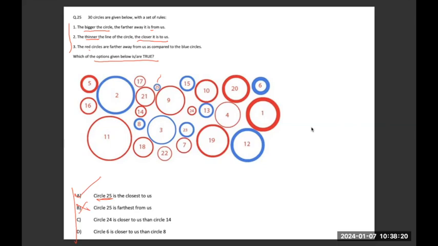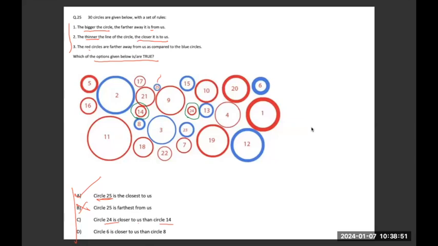Circle 24 is closer to us compared to 14. We just have to compare 24 and 14. 24 is here, and this is 14. I'll just look at both of them. 24 is closer to us compared to 14. 24 is smaller in size, which means it's closer to you. 14 is bigger in size.